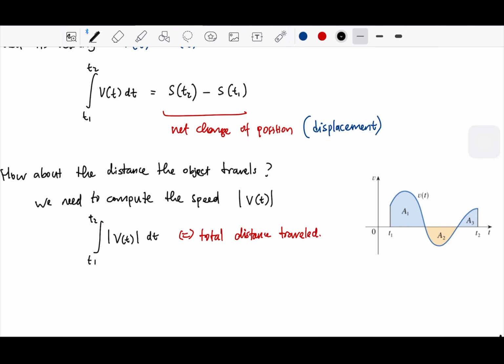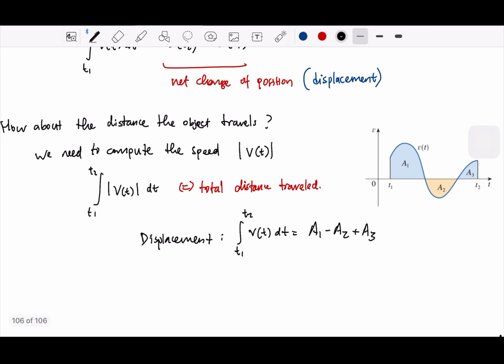So displacement is just v(t): A1 minus A2 plus A3. And for distance, A1 plus A2 plus A3. Okay.